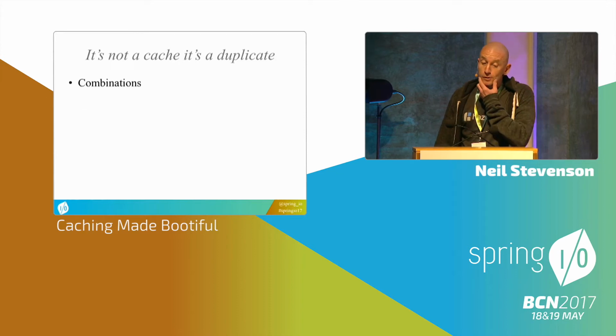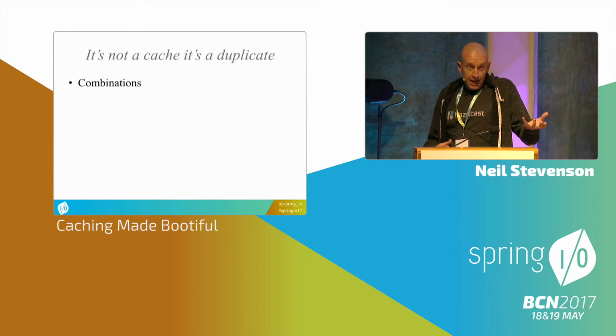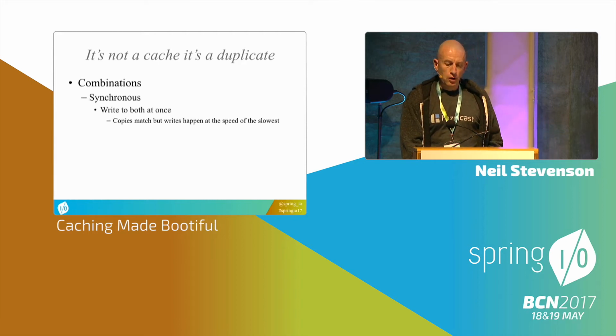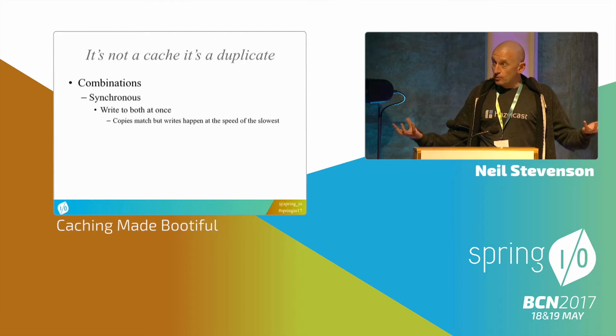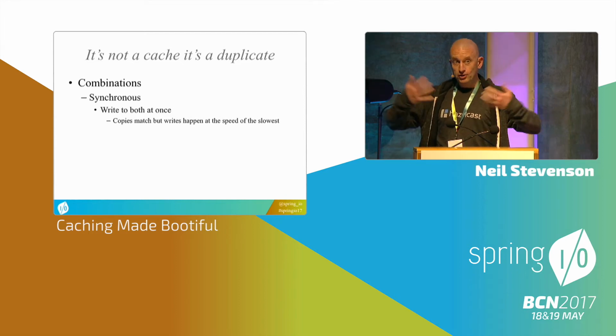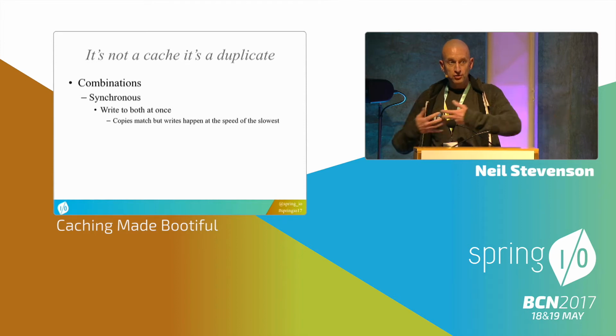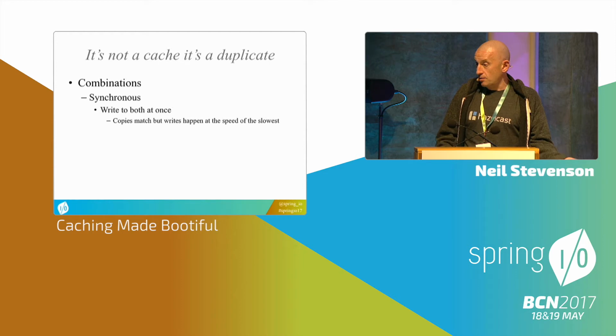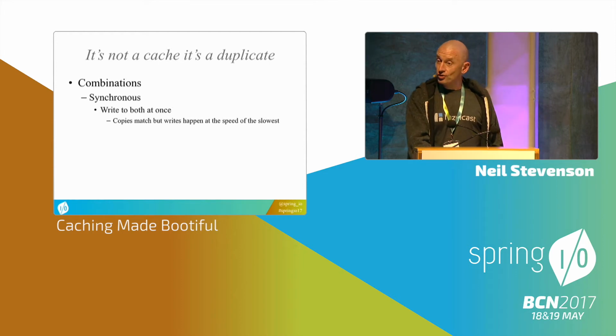So let's start with the complications. It's a cache, it's a copy, it's a duplicate. So how do you keep the two copies matching? You have synchronously changing. When you change one copy, you change the other one at the same time. So that runs at the pace of the slowest. But they match.